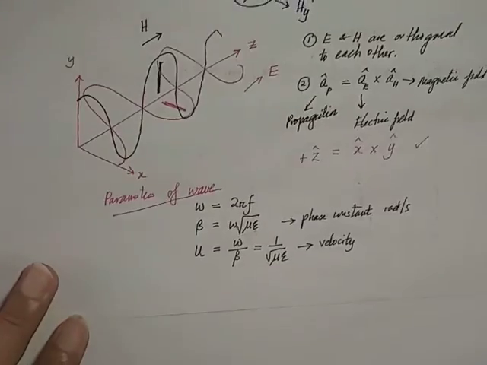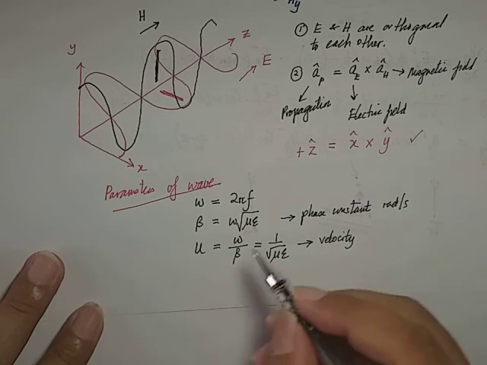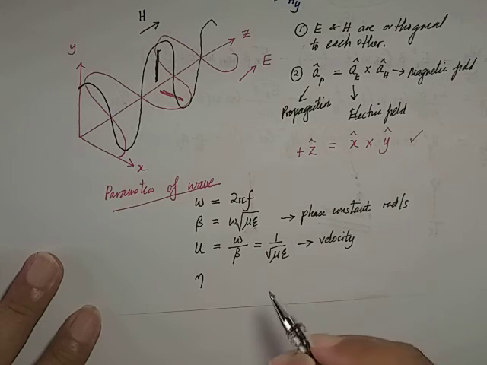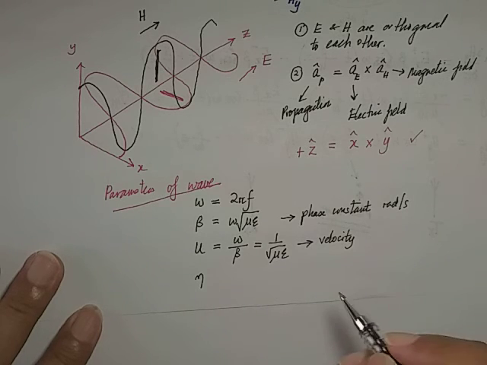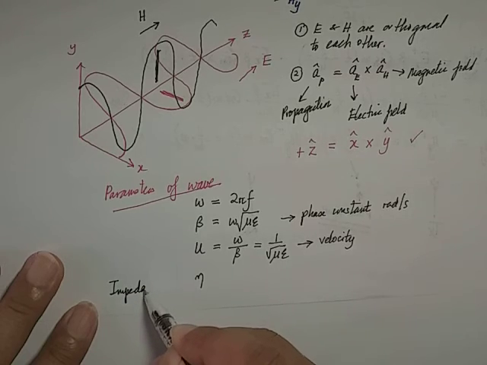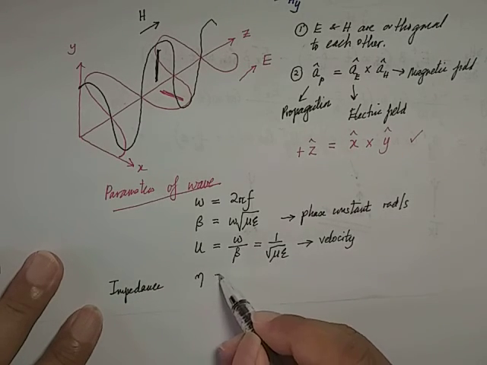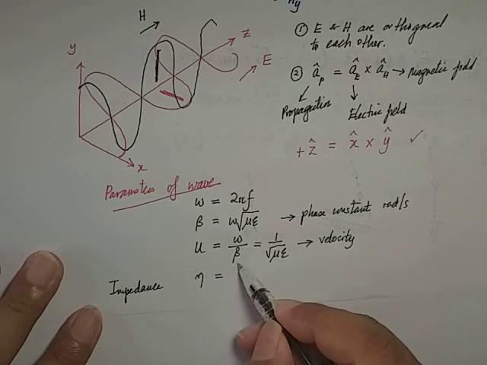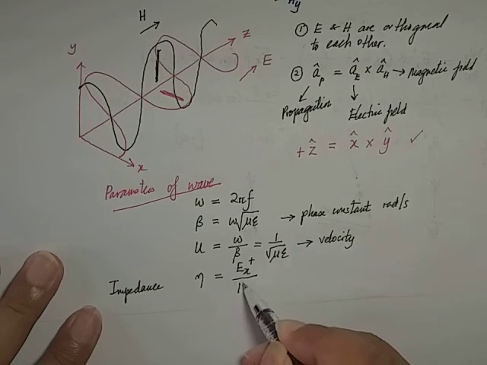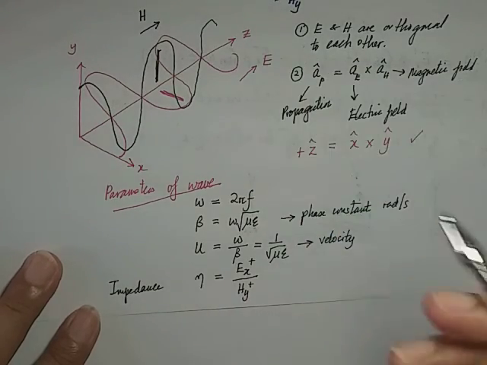The last important parameter in the world of propagation is this symbol. This symbol is known as impedance. Impedance is defined as the ratio of Ex positive over Hy positive, if you are referring to the equation up here.